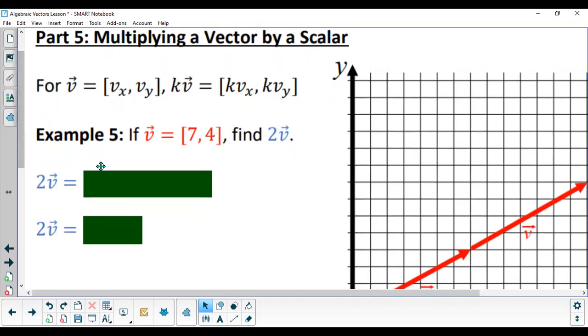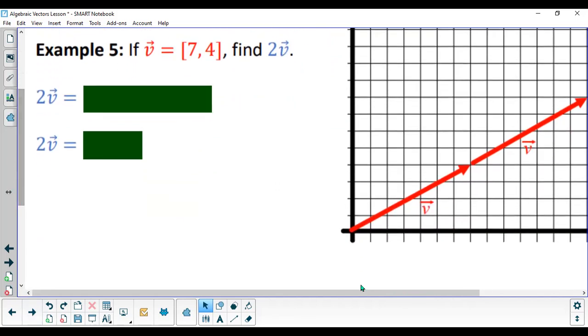So for example, the question is saying, if vector v is equal to in component form 7, 4, find 2 times vector v. So what the question is asking us, if this is vector v, I want to have 2 of that vector v, but we have to be going in the same direction. All we're doing is doubling the magnitude.